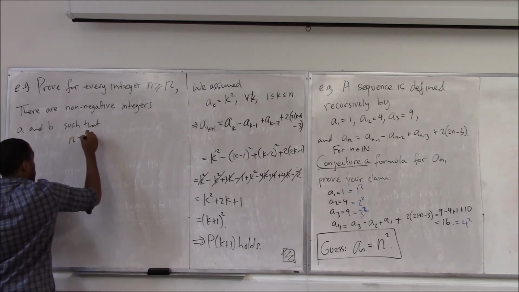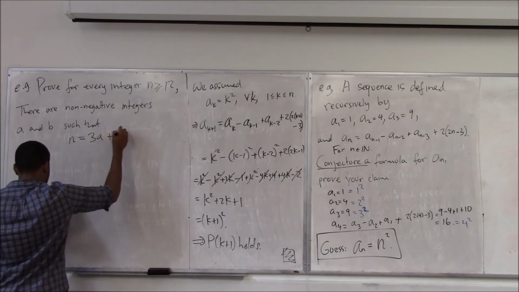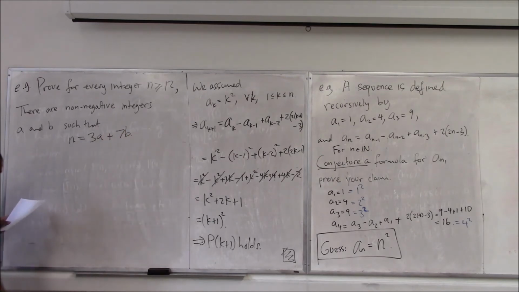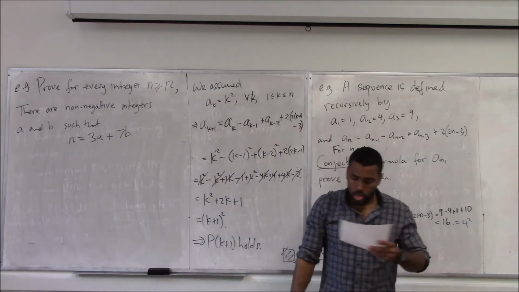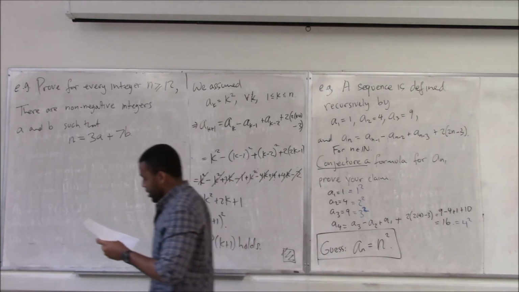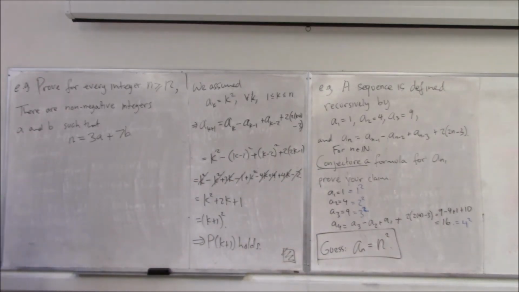In other words, every integer 12 or bigger, you can write it as a multiple of 3 plus a multiple of 7.